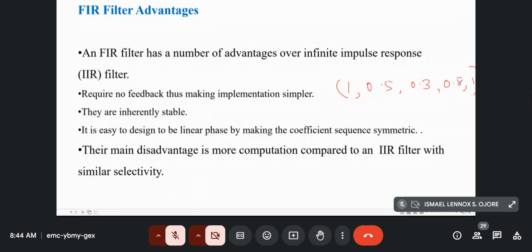If you have this, then you end up getting a linear phase FIR filter.